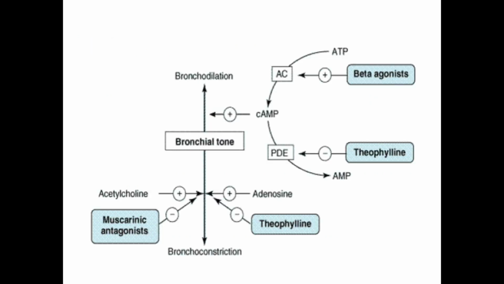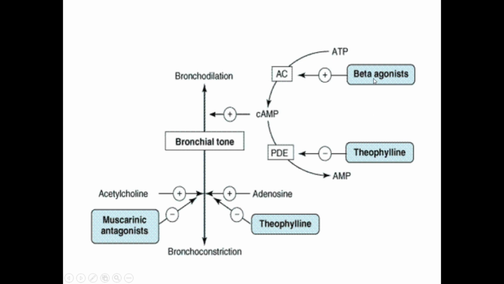Look at this diagram. For bronchodilation, either you do something to cyclic AMP so that calcium does not accumulate, or you inhibit phosphodiesterase, PDE, so that there is no degradation of cyclic AMP and you get more cyclic AMP.